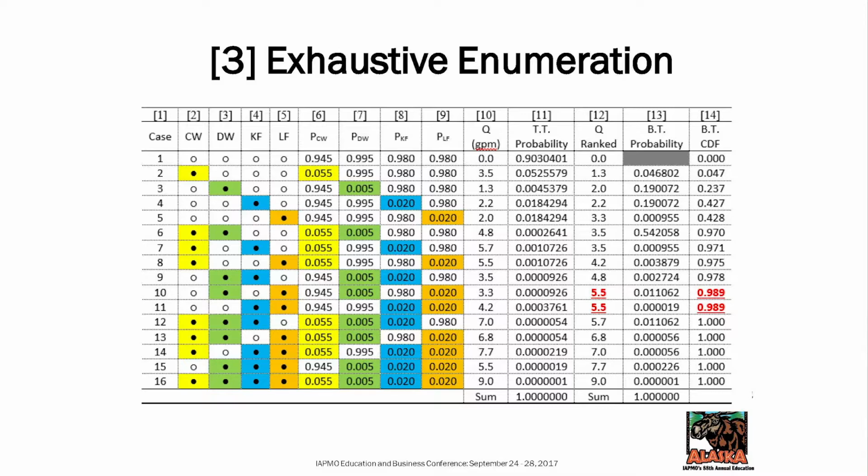You have 4, so it's 2 to the 4th power, 16 possible combinations. Then the calculator will order all these fixtures in order of flow rate. And then it will look for the 99th percentile, which is right here. So if these 4 fixtures were on a common branch, then the 99th percentile flow rate would be 5.5 gallons per minute.